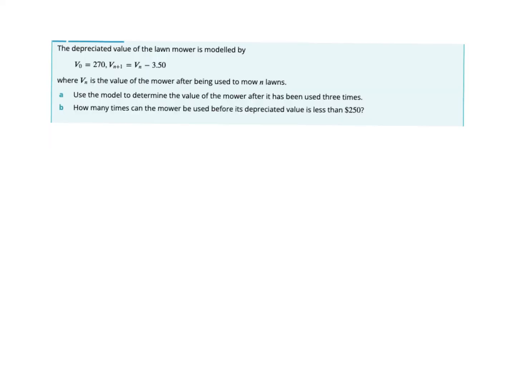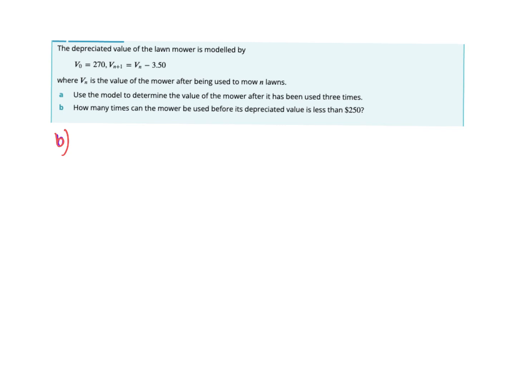Let's do this one. This is the same one, so we'll leave that. Except for this, how many times has the lawnmower been used before it is 250? Let's just skip to the B. You need to type it in your calculator and see how many times.